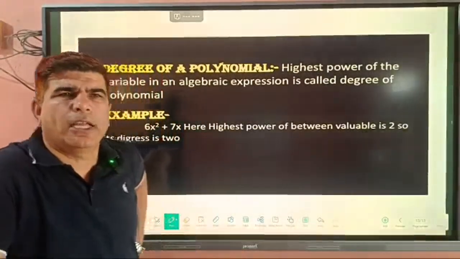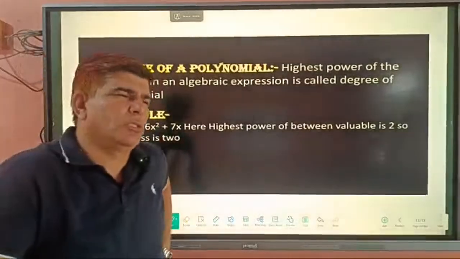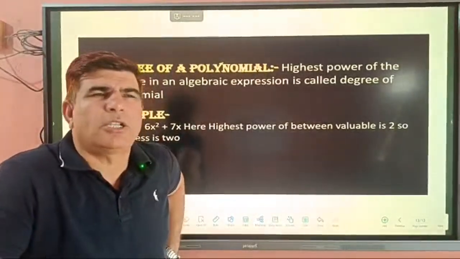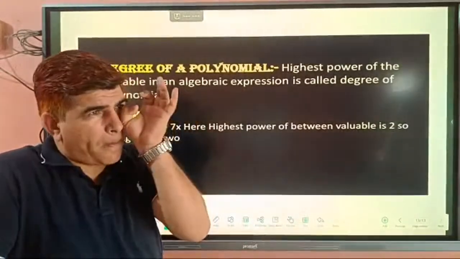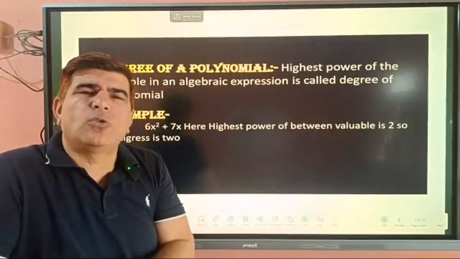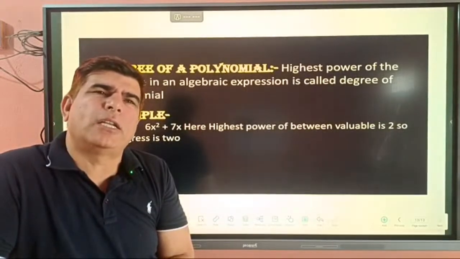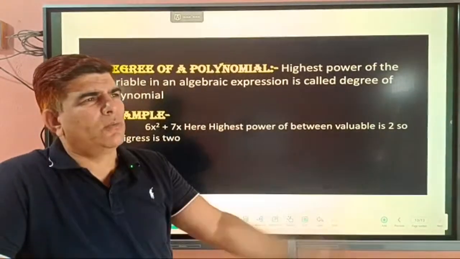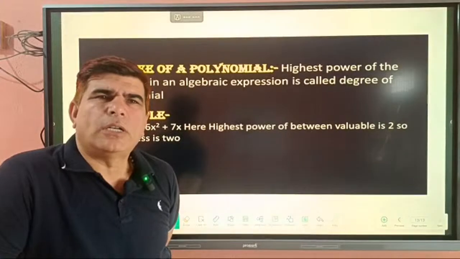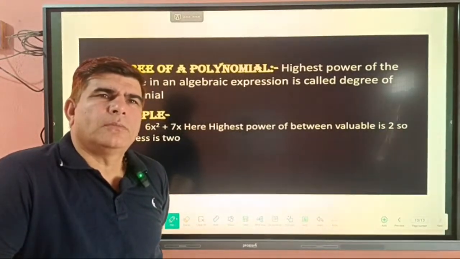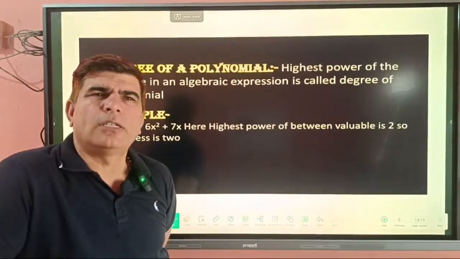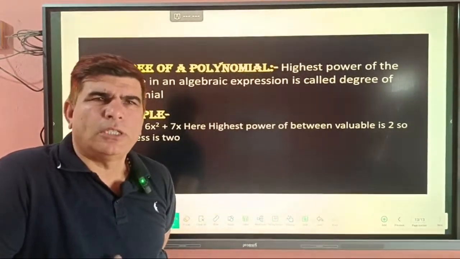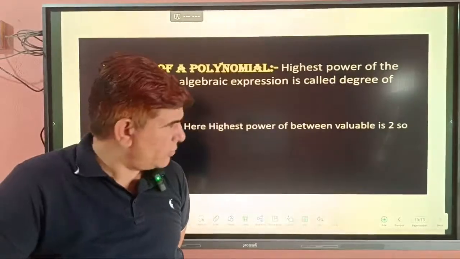If an algebraic expression contains 1 term only, monomial. If 2 terms, binomial. If 3 terms, trinomial. If 4 terms, biquadratic. And if more than 4, you can say polynomial. These are also polynomials, that one also is a polynomial.